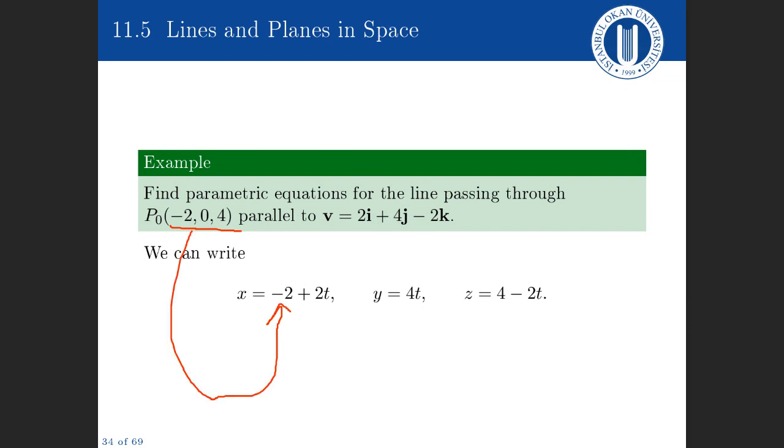Put -2 in the first equation, we put 0 in the second equation, and we put 4 in the third equation. From V, the numbers are 2, 4, and -2. 2, we put in the first equation, 4, we put in the second equation, and -2, we put in the third equation.